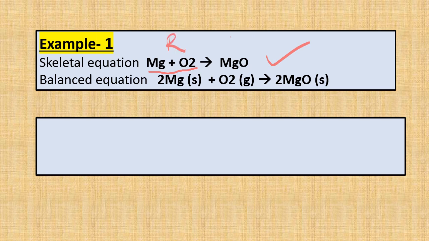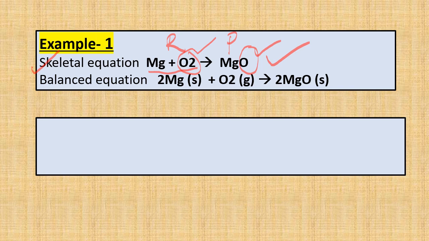Magnesium oxide is formed, so this is called the product. In this equation, there are two oxygen atoms, but there is a single oxygen atom on the product side. So this is not a balanced chemical equation. This is basically called a skeletal equation.